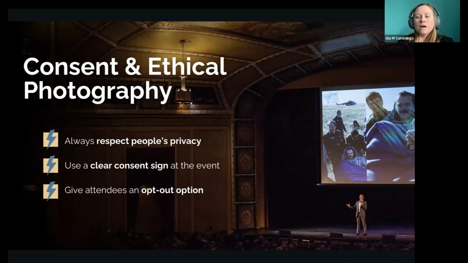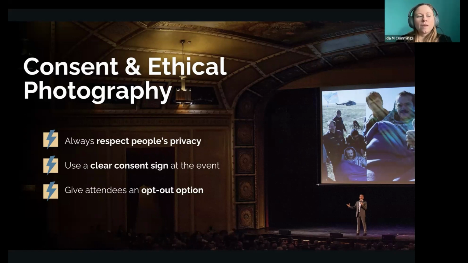For them to opt out, there's a couple of ways you can do this. You can get them to just tell you they want to opt out, but that could be harder, because if there are multiple people, it might be hard for you to remember who doesn't want to be photographed, unless there are just a couple of people. If there's one or two, then it's easy to not photograph them.